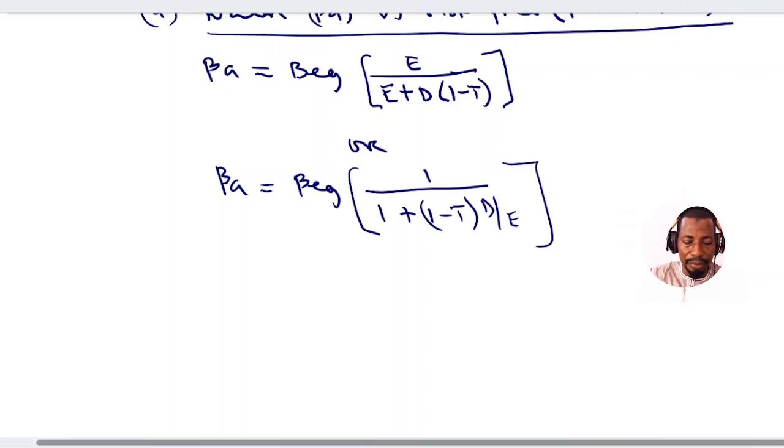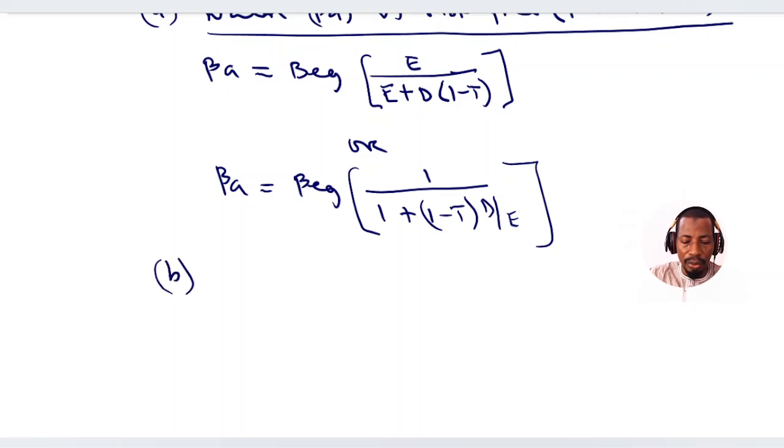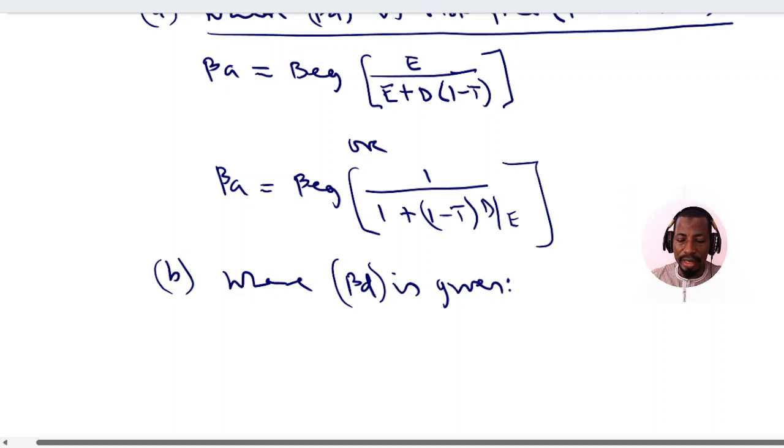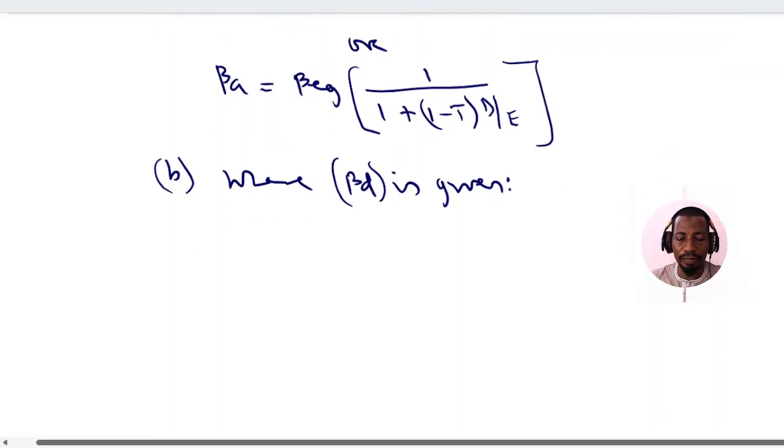Then number B, where debt beta is given. So where debt beta is given, then you are going to use the extended formula.